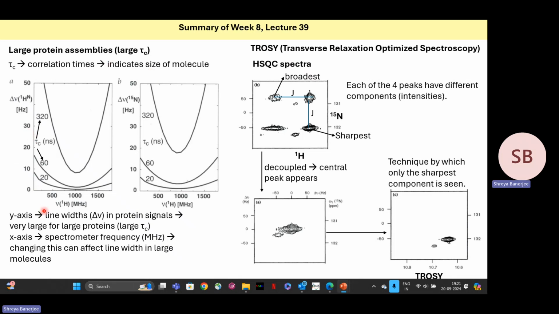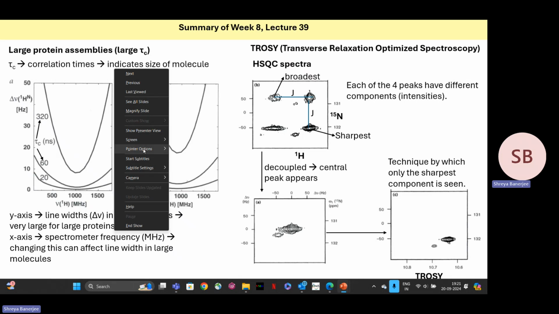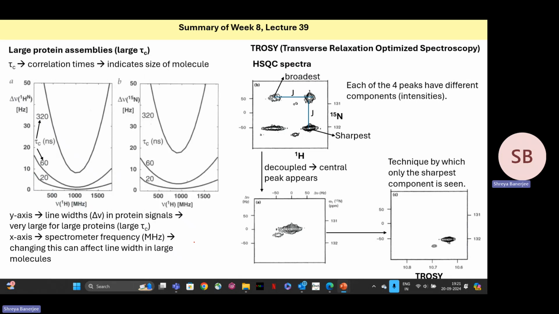Here you have a graph where on the x-axis you have the spectrometer frequency in megahertz, and on the y-axis you have the line width for the protein signal. By line width, it means this range, your line width delta nu.